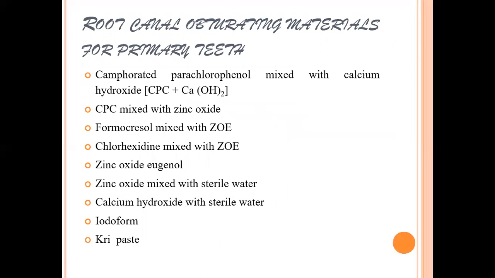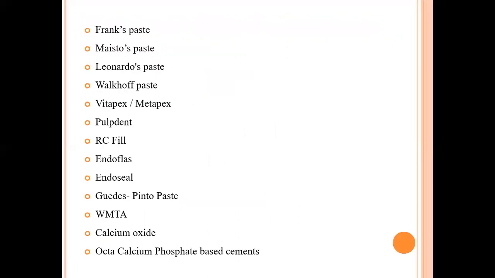Some examples of root canal obturating materials include camphorated parachlorophenol mixed with calcium hydroxide, CPC mixed with zinc oxide, formocresol mixed with zinc oxide eugenol, chlorhexidine mixed with zinc oxide eugenol, zinc oxide eugenol itself, zinc oxide mixed with sterile water, calcium hydroxide with sterile water, iodoform, Diapaste, Frank's paste, Maisto's paste, Leonardo's paste, Walkhoff paste, Vitapex or Metapex, Endoflas, RC Fill, Endoseal, WMPA, calcium oxide, octacalcium phosphate, and the list goes on.